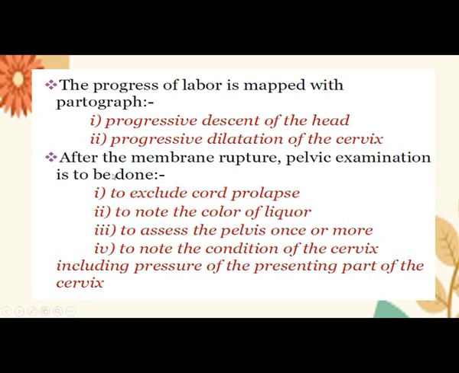So we do the per vaginal examination to exclude cord prolapse, to note the color of the liquor, to assess the pelvis once or more, and to note the condition of the cervix, including the pressure of the presenting part on the cervix. So this should be checked.